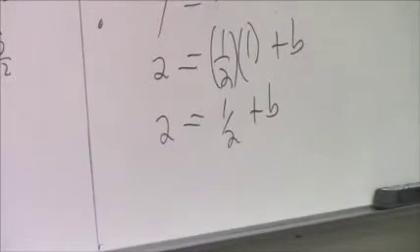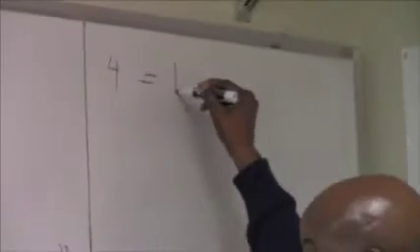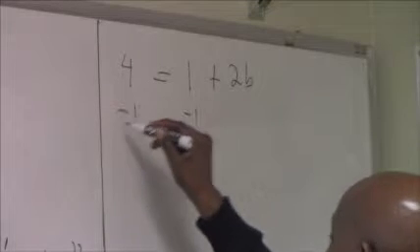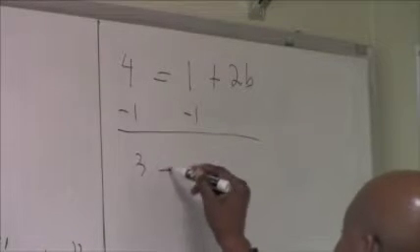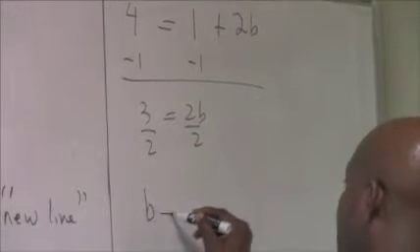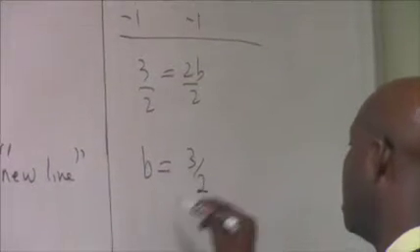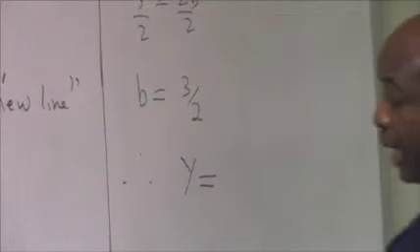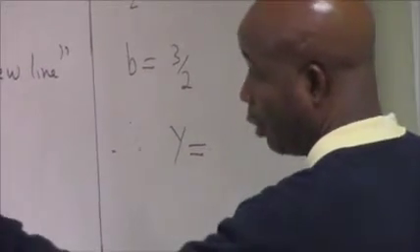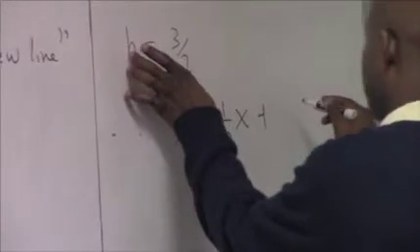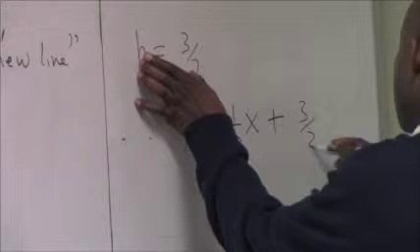If I multiply everything by 2, I'm going to have 4 equals 1 plus 2b. Minus 1, minus 1, I'll have 3 equals 2b. Divided by 2, divided by 2, I have b equals 3 over 2. Therefore, my equation will be y equals m, which for my new line is 1 over 2, x plus my b, which is 3 over 2.